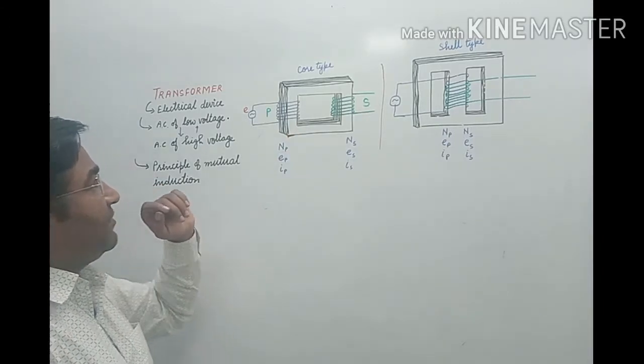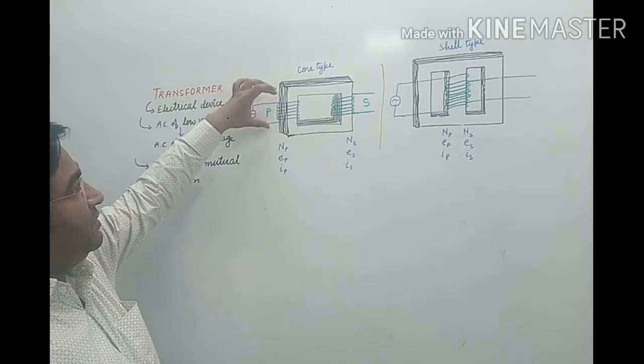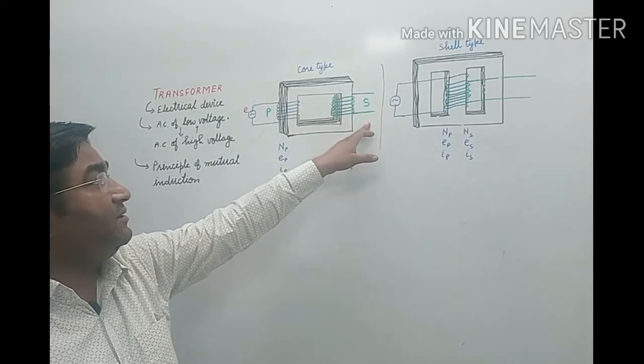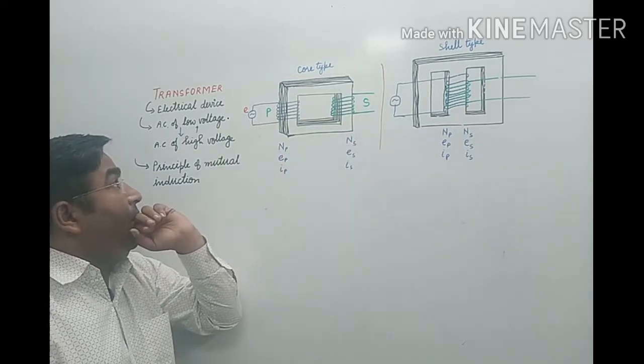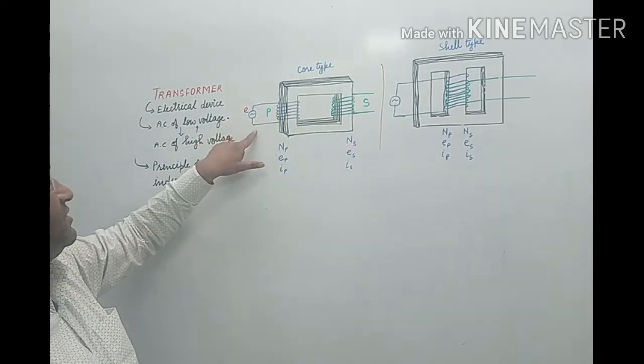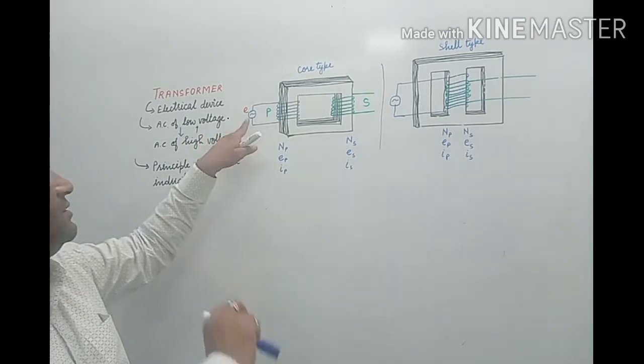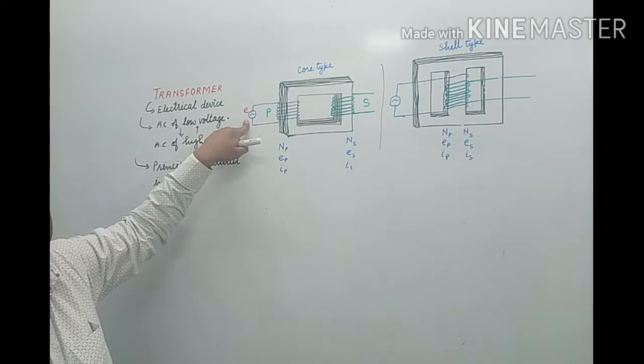In a core type transformer, there are two coils, primary coil and secondary coil. The coil which is attached to the energy source is known as the primary coil. Here this is the source of alternating voltage.